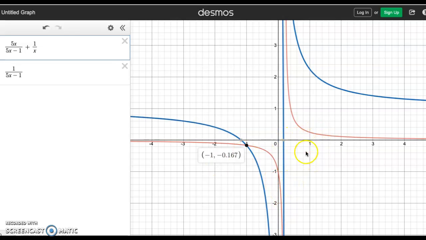I'm not sure if any place else hits the same value. So that's a tool that you can use, a point of intersection on a graph, to see what the x value should be.